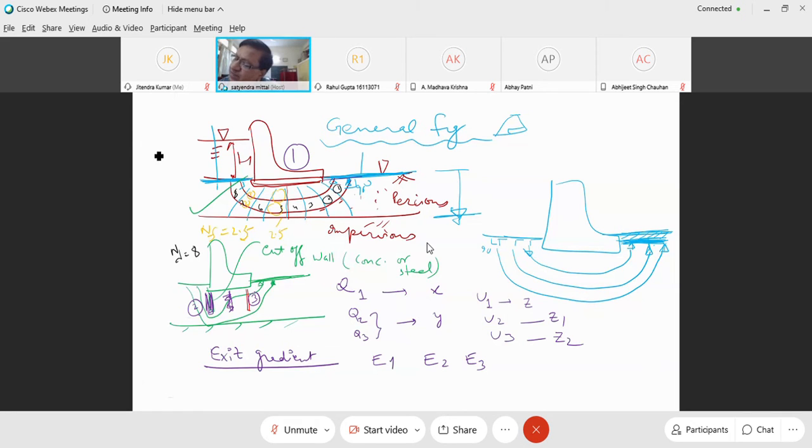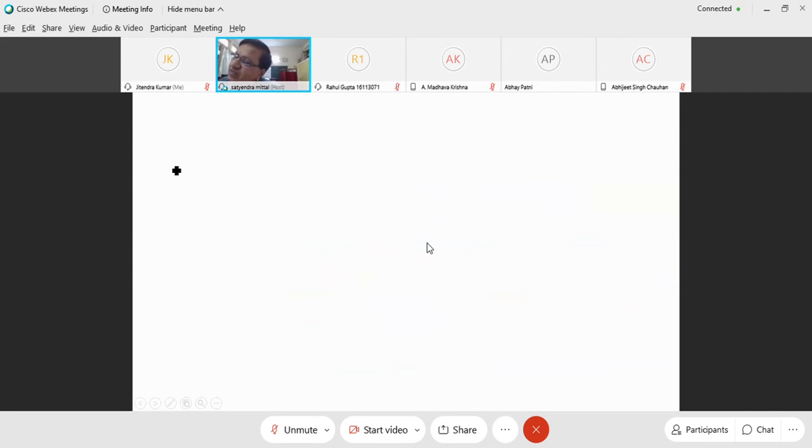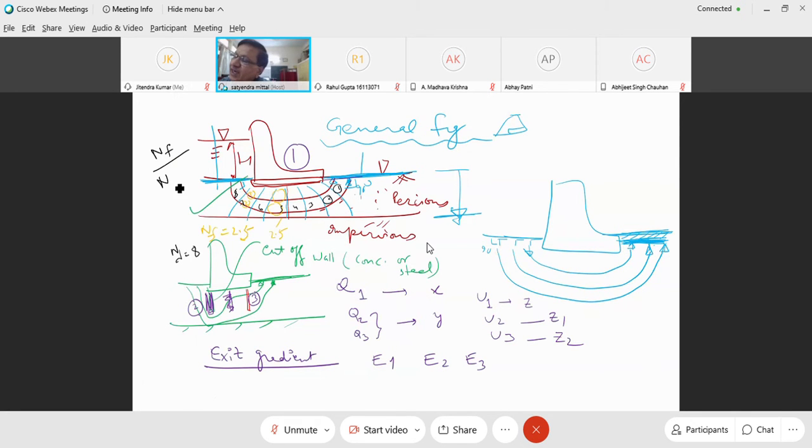So NF upon ND is called the shape factor. So the shape factor in these 3 cases may be different.